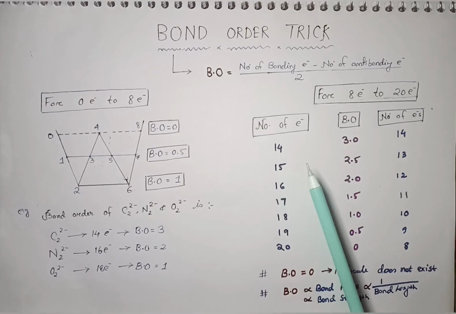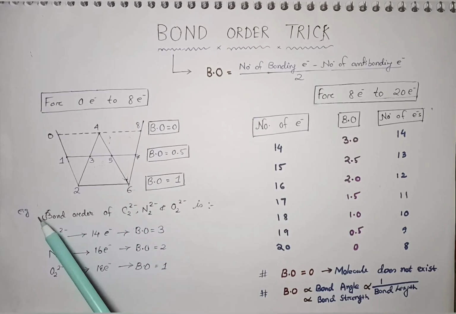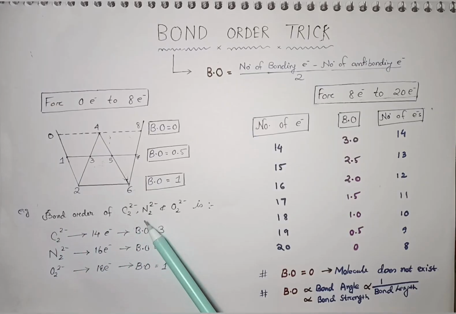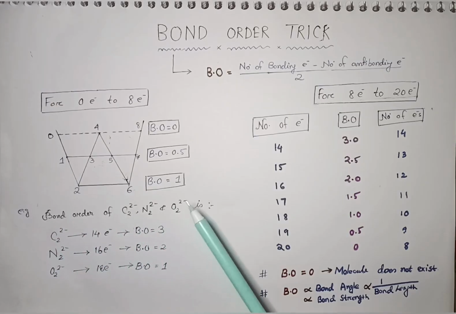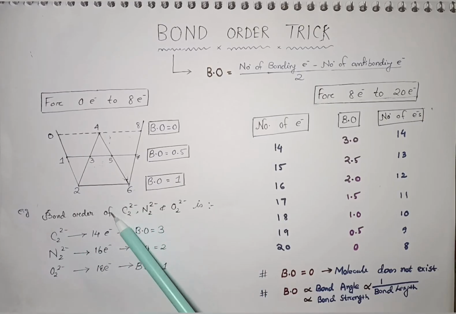Now let us see an example where you can learn better how to use this trick. So if you are asked to find out the bond order of C2 2 minus, N2 2 minus and O2 2 minus, then we can use this trick in the following way. That is in C2 2 minus, we know that the number of electrons are 14.